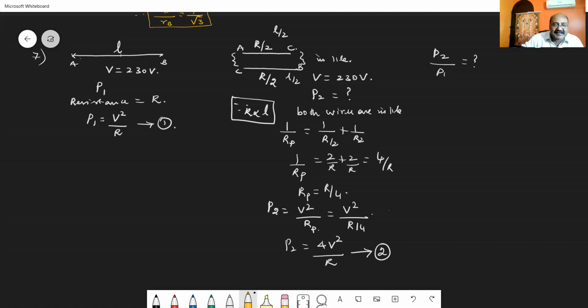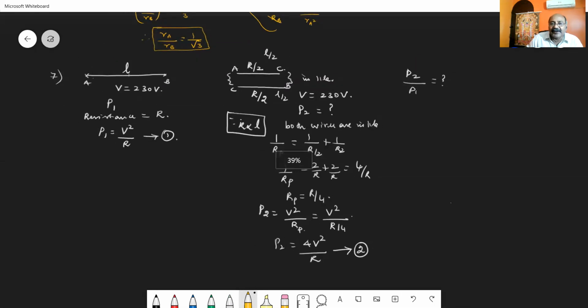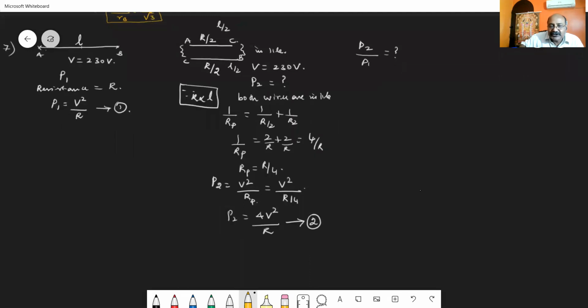Take this equation 2 and equation 1 and substitute. We are asked to calculate P2 by P1. Therefore, P2 divided by P1 equals 4 V square divided by R, whole divided by V square by R. This V square and this V square get cancelled, similarly this R and this R get cancelled.